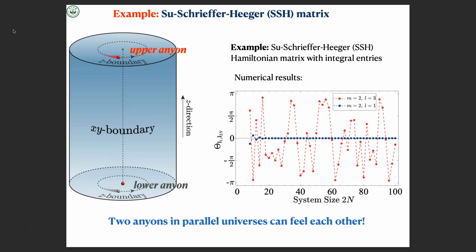Once we have a non-trivial topological system, we have this oscillating structure for theta when we increase the system size. So no matter how large the system size, even infinite, we still have non-zero theta.